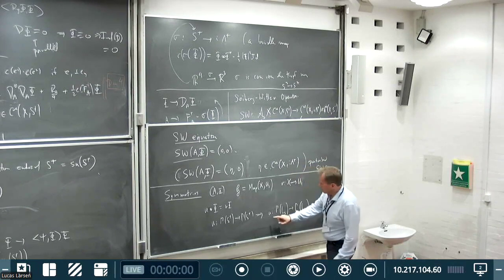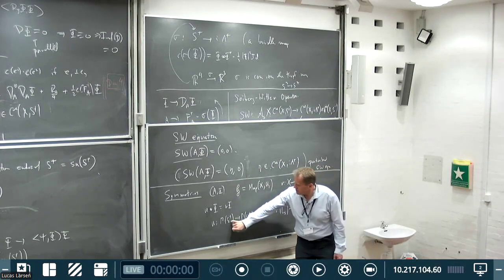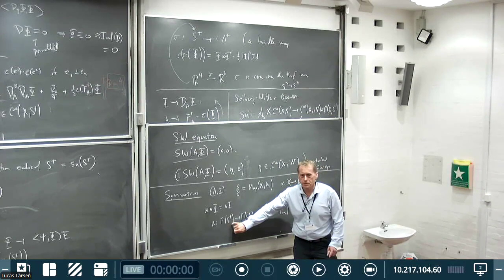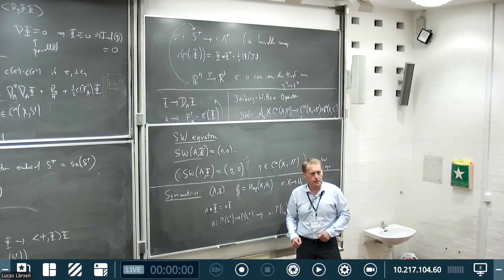But remember, the determinant bundle in terms of S plus is the complex determinant line of this two-dimensional vector bundle, so I can look at wedge 2 of it.